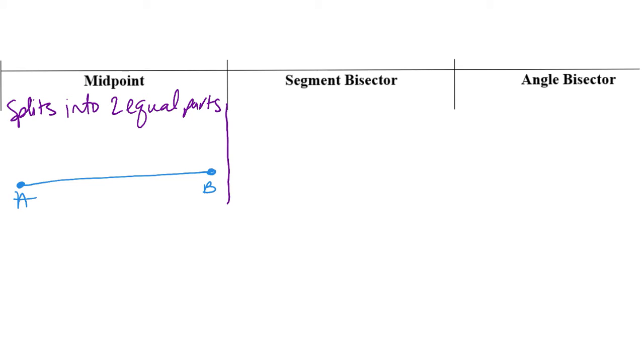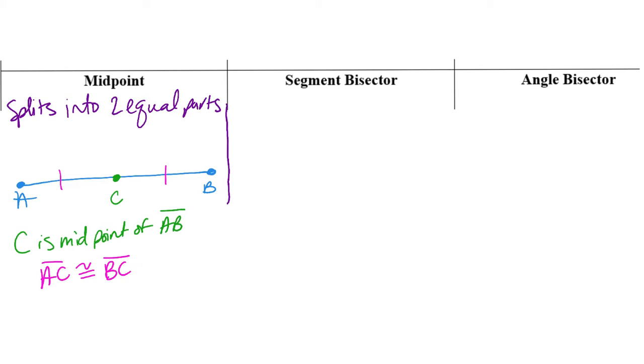The midpoint would be here at C. And the way that we say that it's split into two equal parts is we mark each side with a tick mark. We would say that C is the midpoint of AB. And we can say that AC is congruent to BC.